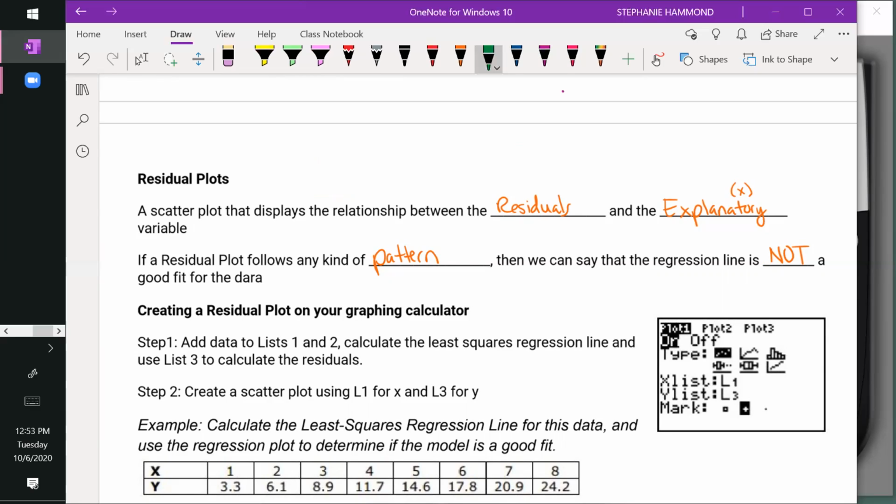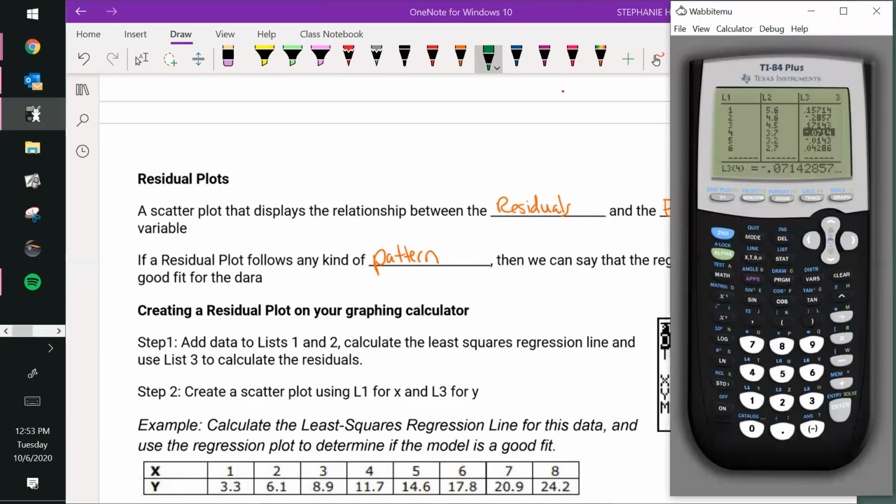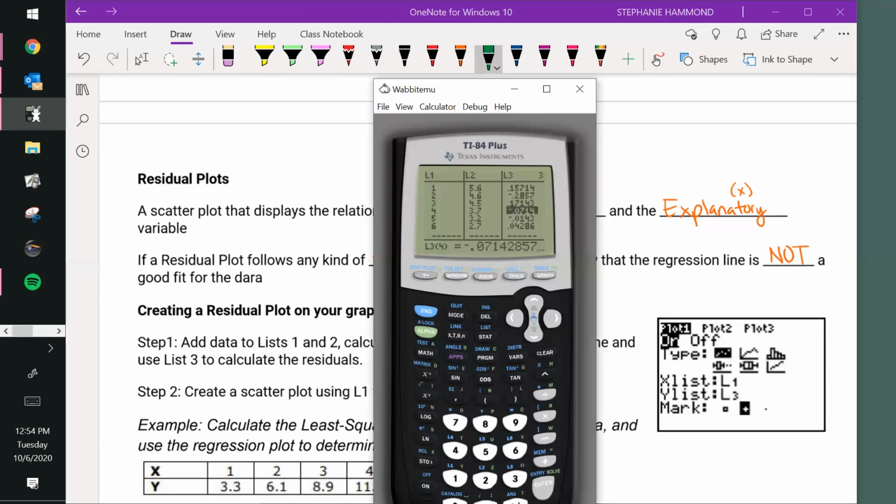So I'm going to go ahead and create a residual plot using my graphing calculator. Let's create a residual plot for the data that we just had in here. For this last example that we just did, we just got done calculating the least squares regression line and the scatter plot and the residuals. Now I can pretty easily switch gears and look at the residual plot.